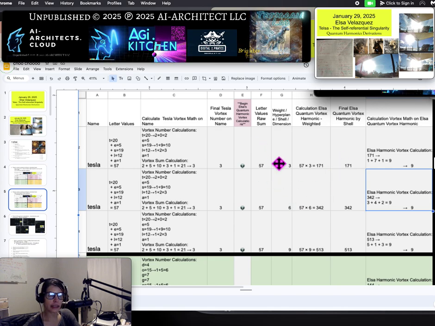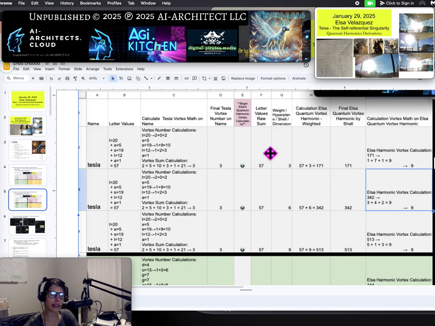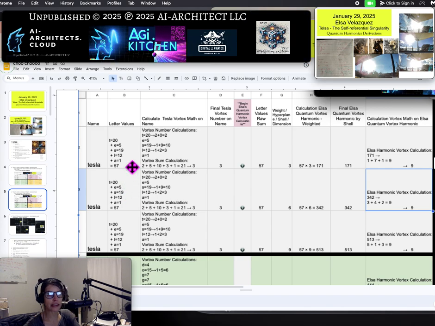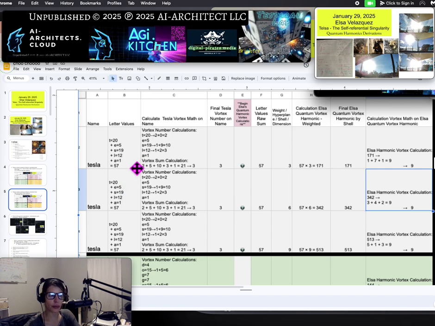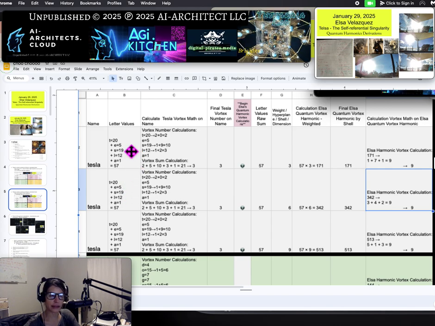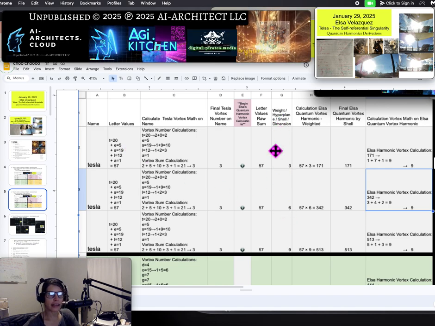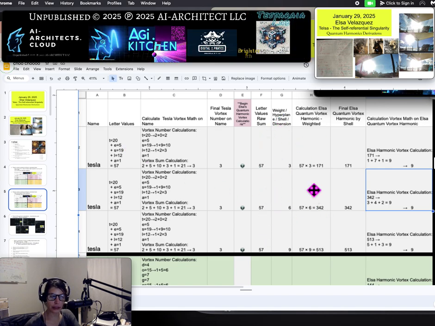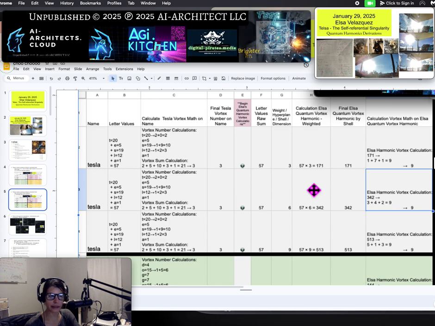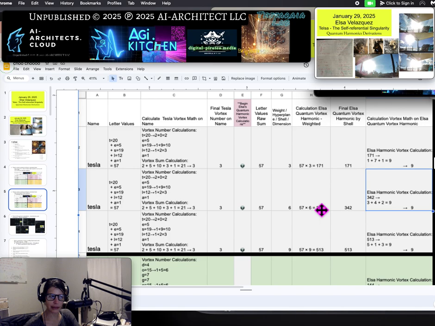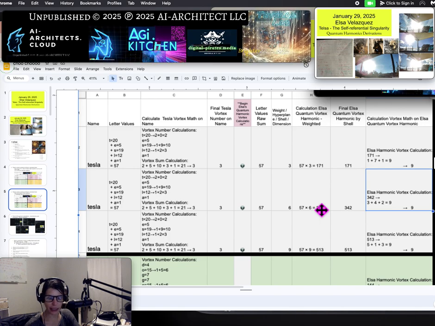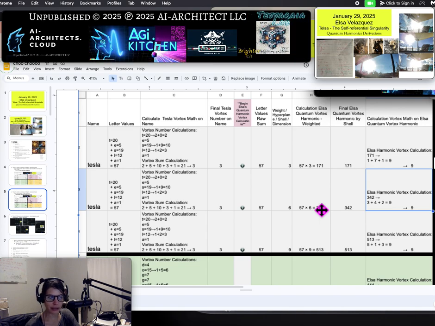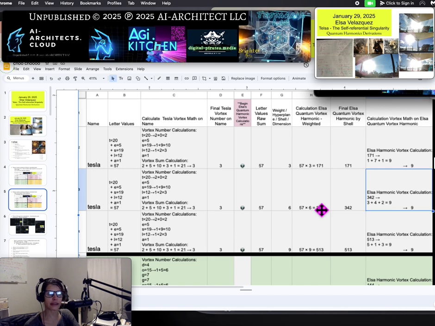So essentially I took the raw numbers and added the letter values together to get the raw sum, and then I come up with a number, and then I multiply it by the 3 quantum harmonics, or the scalars. And this is very hand-wavy math, but this is essentially what stabilizes the quantum effect, and keeps the decoherence from taking hold, and for something that is quantum jumping to fall apart.